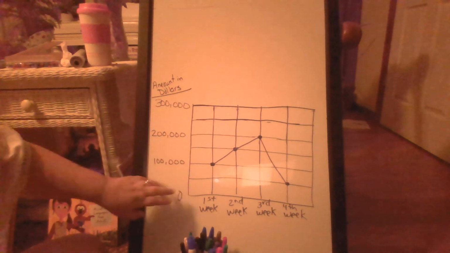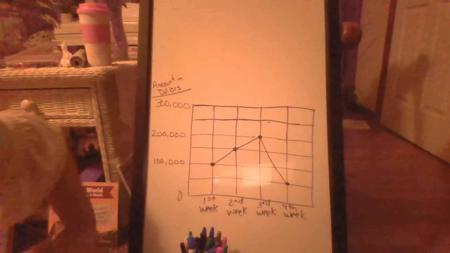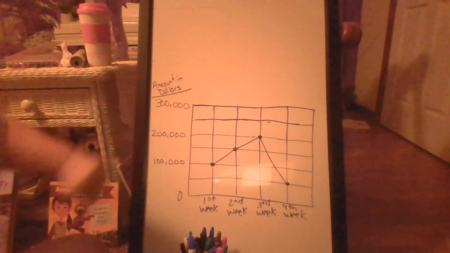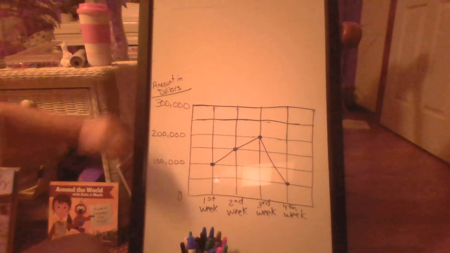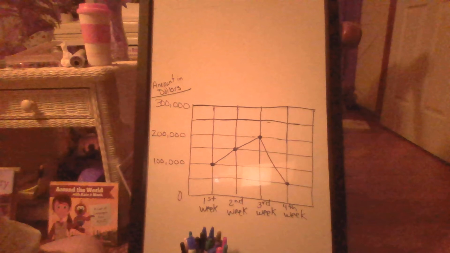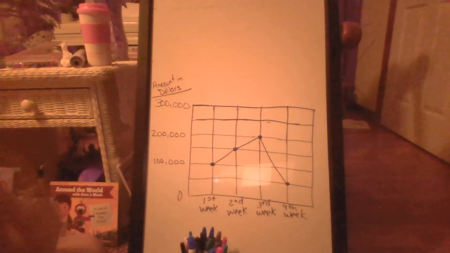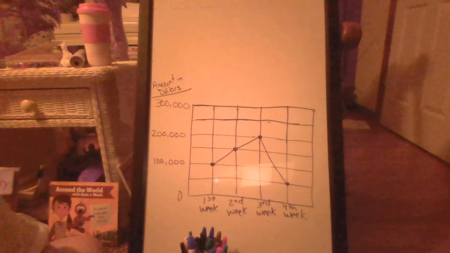So if we're counting by half of 100,000, that would be what, 50,000? So this would be 150,000, 200, 250,000, 300,000. So that's our scale. We're counting by $50,000 in increments. And then we have first, second, third, fourth week that they were at the trade fair.